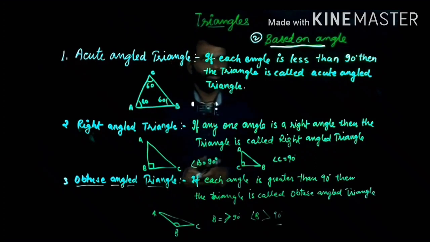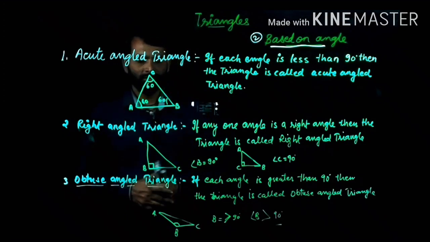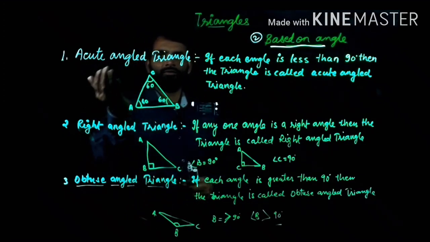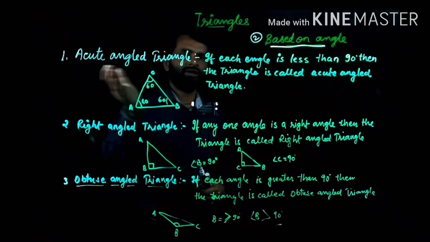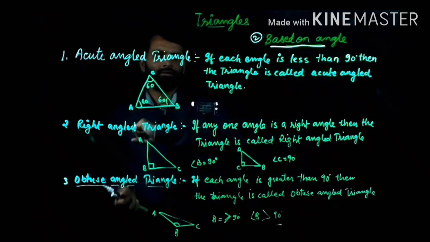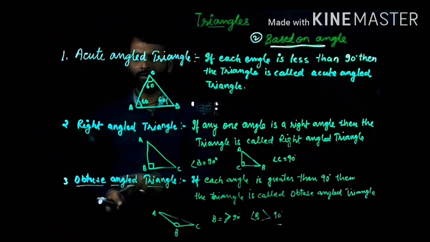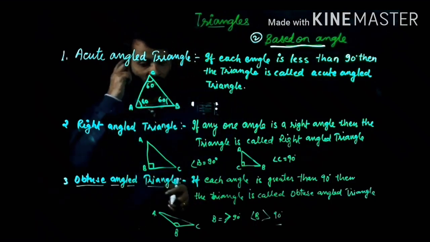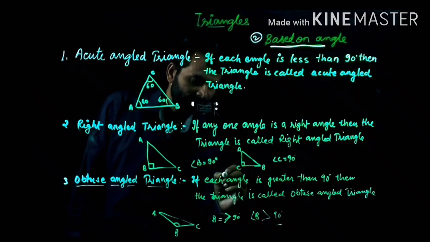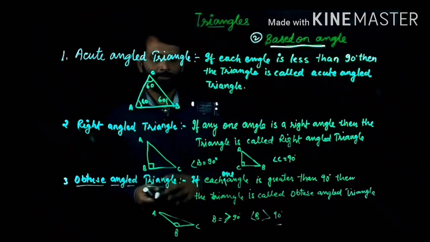Okay, so three names are based on the sides and three names are based on the angles: the acute angle triangle, right angle triangle and obtuse angle triangle. Acute angle is if any angle is less than 90. Second, right angle, if any one angle is 90, is called the right angle triangle, and obtuse angle, if any one angle is greater than 90, then the triangle is called obtuse angle.